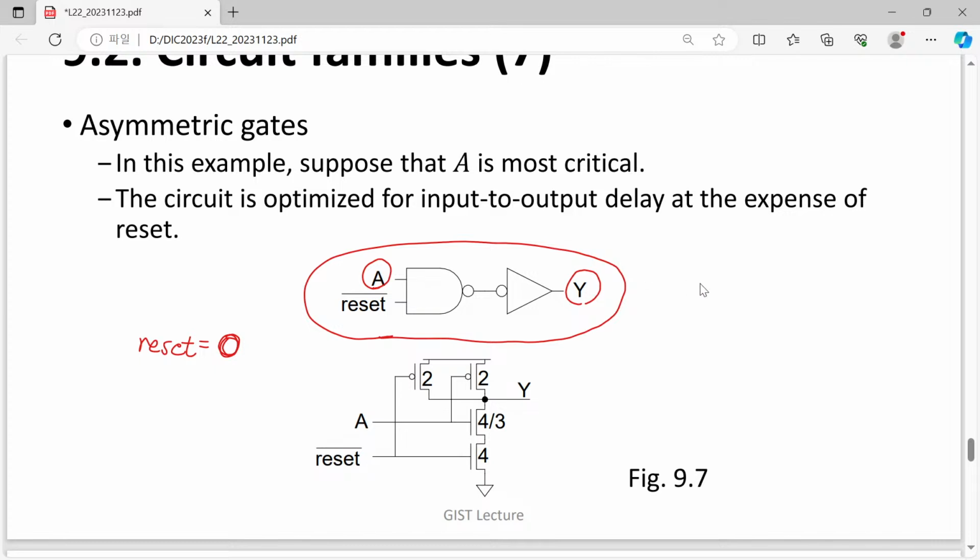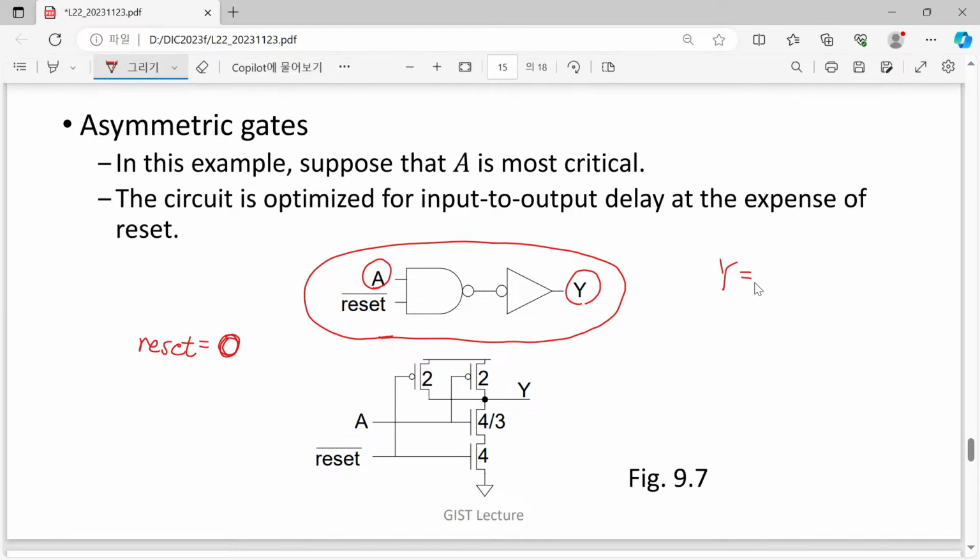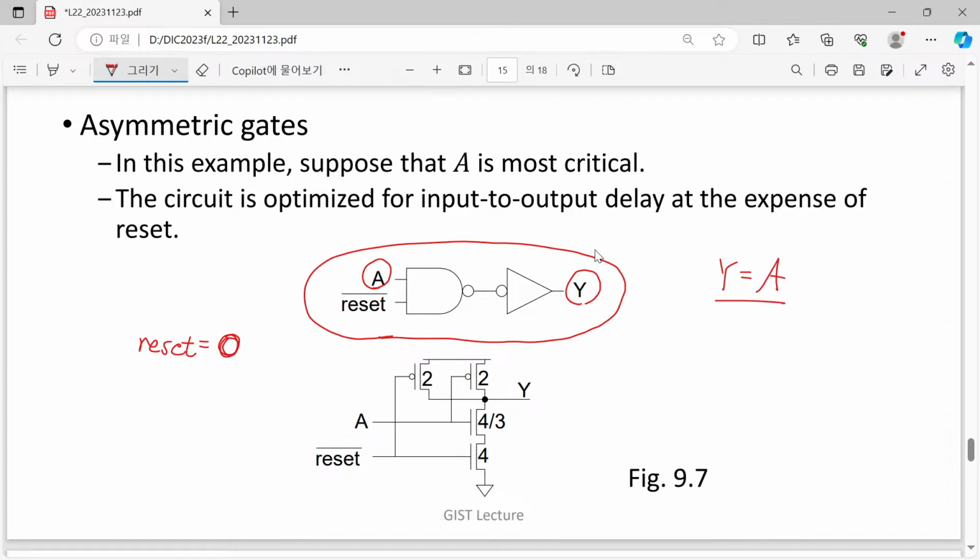So now we have Y equal to A. This is just a buffer. We want to send our A into Y. However, if we have reset equal to 1, then this reset bar becomes 0.